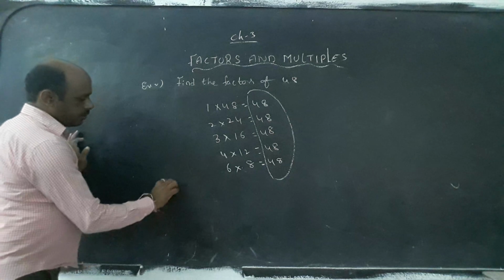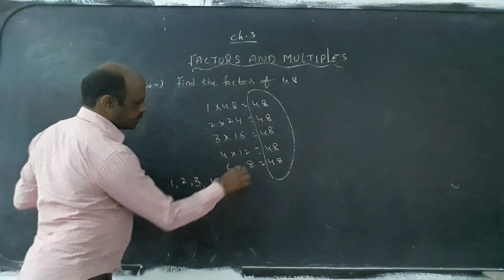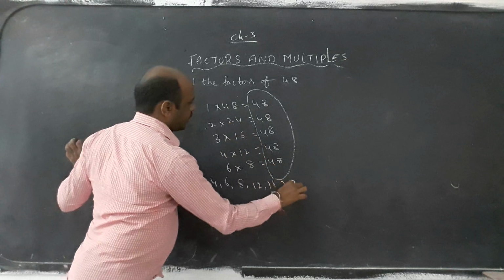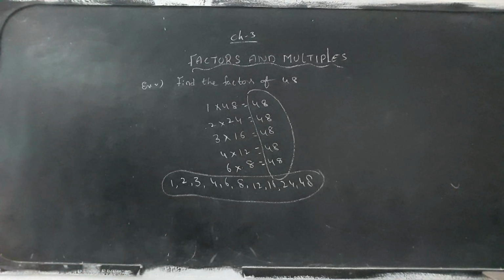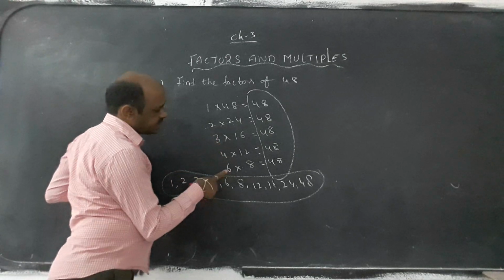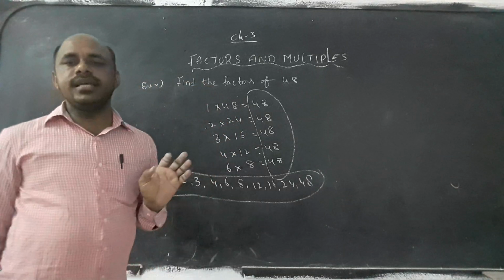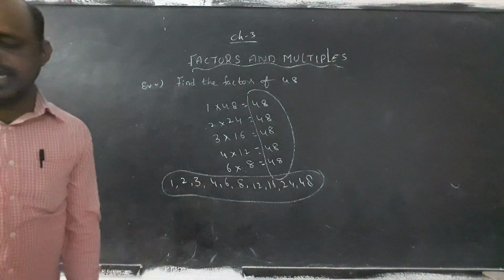Now remaining, what are there? 1, 2, 3, 4, 6, 8, 12, 16, 24 and 48. These are all the factors of 48.